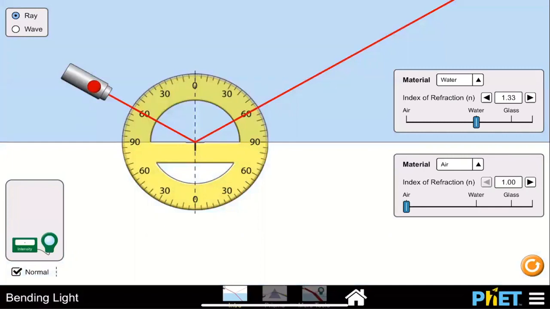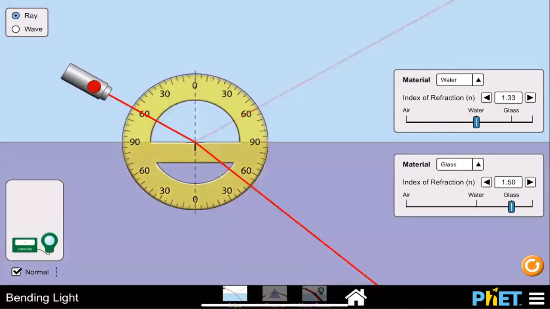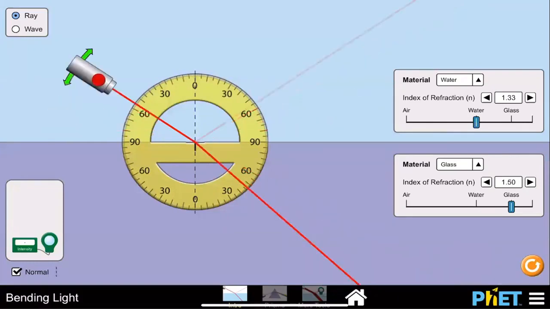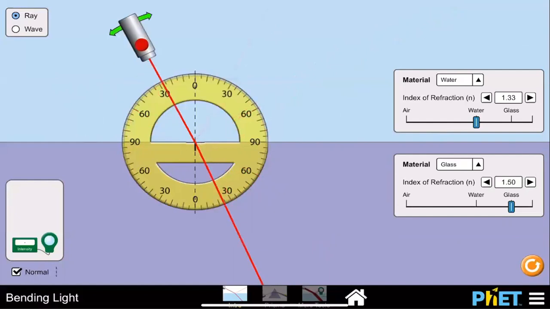Still, we have the total internal reflection. There are changes happening when we have water to glass.